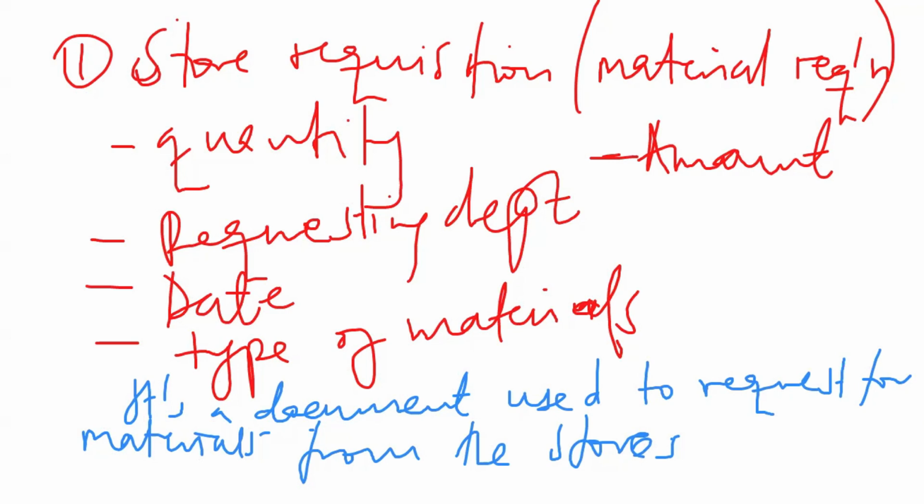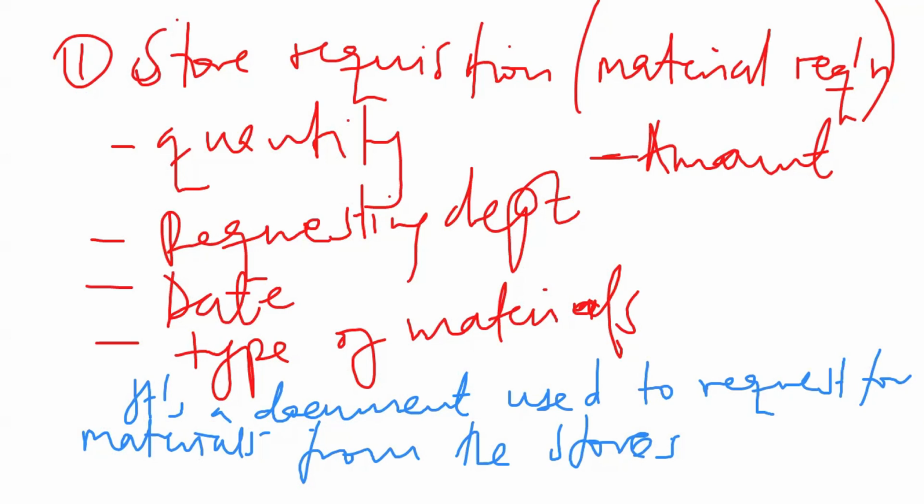Or you may say it is a formal document raised by the production department or the production manager and sent to the stores requesting for raw materials. So it is a matter of understanding who raises it and sent to where. You know the function and then the features of it, and there you are good to go.